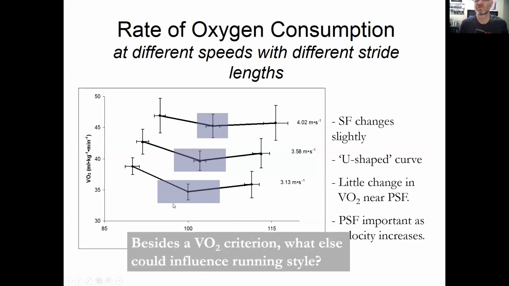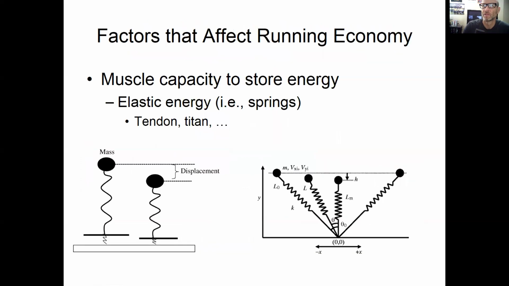So if running style is not the only thing that determines VO2, what else could be influencing running economy? Another factor is the muscle's capacity to store and use elastic energy during running. That is, the muscle-tendon acts more like a spring.